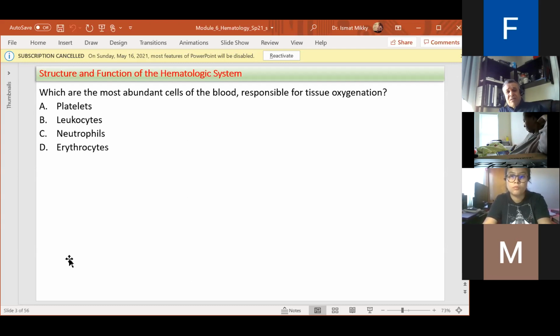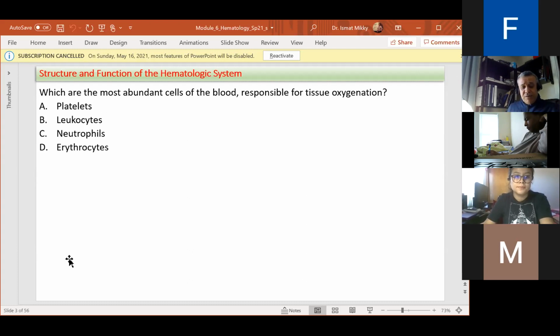If there is any insult or trauma, they can remove the debris from the affected area. And then we have the neutrophils, which are the largest amount of the leukocytes.